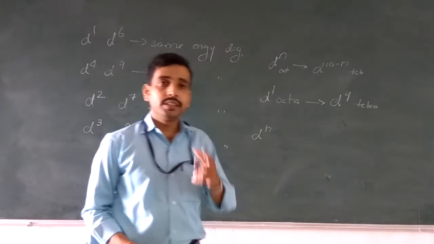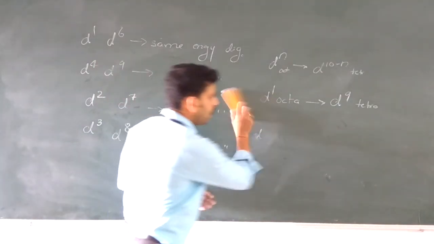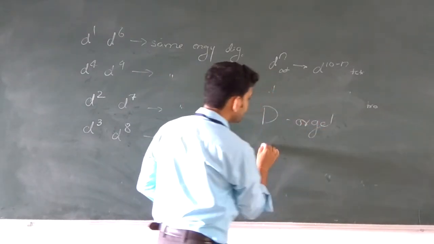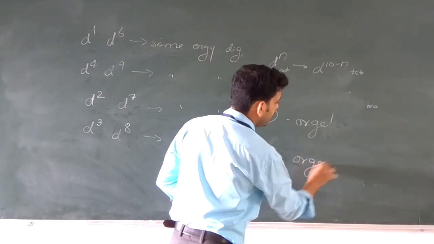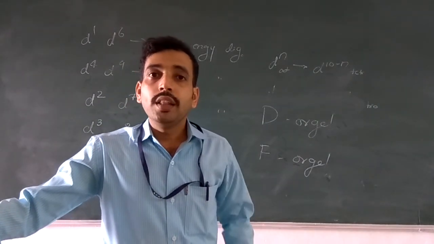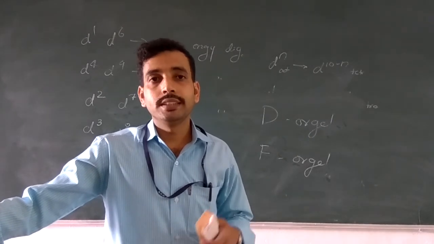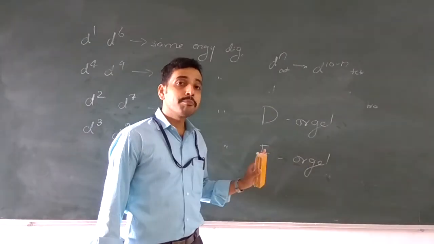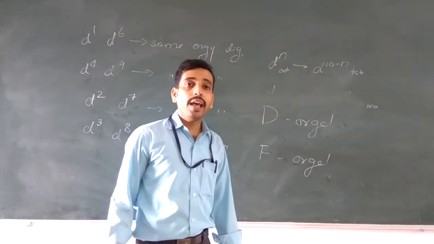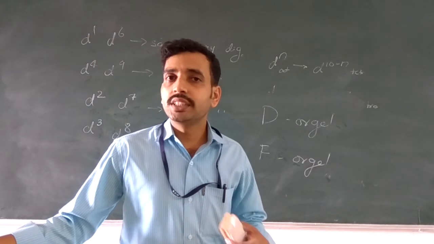In Orgel diagrams, there are namely two types: the capital D Orgel diagram and the capital F Orgel diagram. What is meant by D and what is meant by F? The capital D and F are spectroscopic terms, or spectroscopic notation, where capital L is the angular quantum number equal to 0, 1, 2, 3, 4.